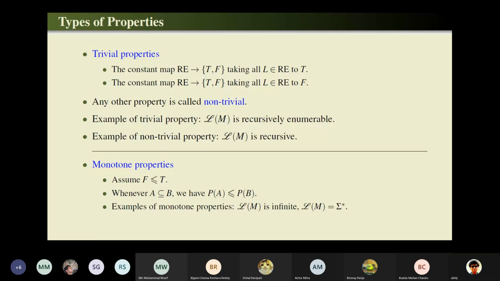Similarly, this is also obvious: because A is contained in B, if A is already sigma star, B will have to be sigma star. It cannot be something bigger.